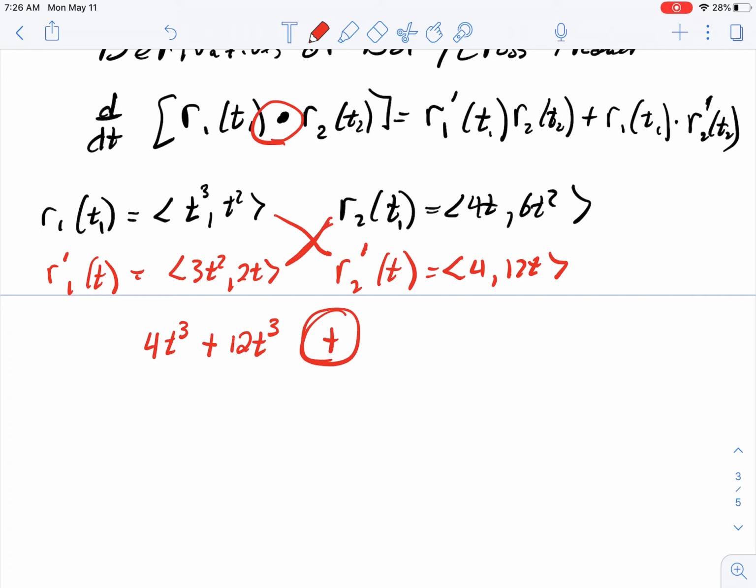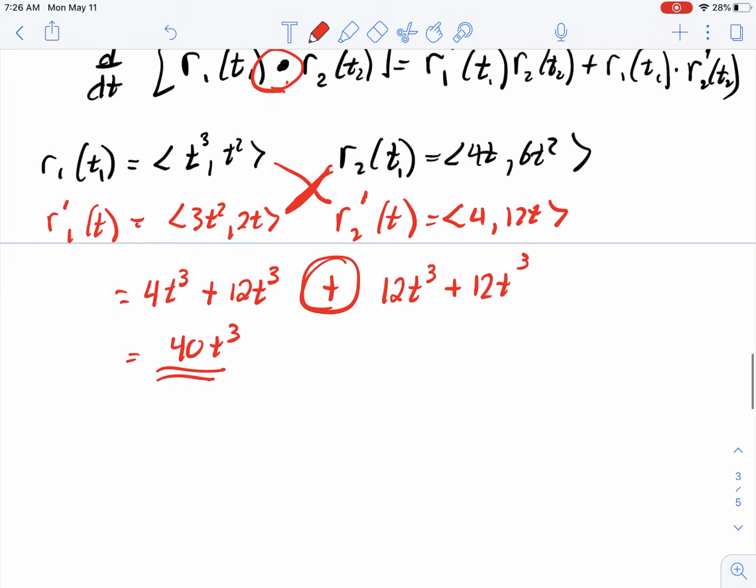Now here is the other piece. So now we have 12t cubed plus 12t cubed, and if we add all those up, I do believe it's 40t cubed. A little bit different than the other one because we're leaving it as a vector. Here we're doing a dot, and remember, anytime you do a dot, you get a single numerical value.